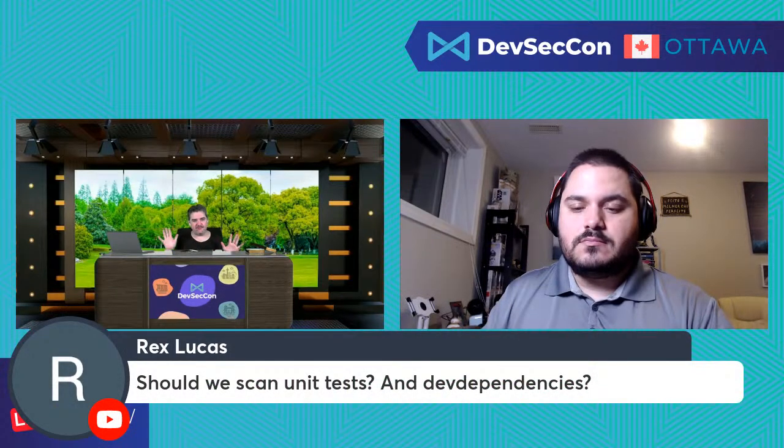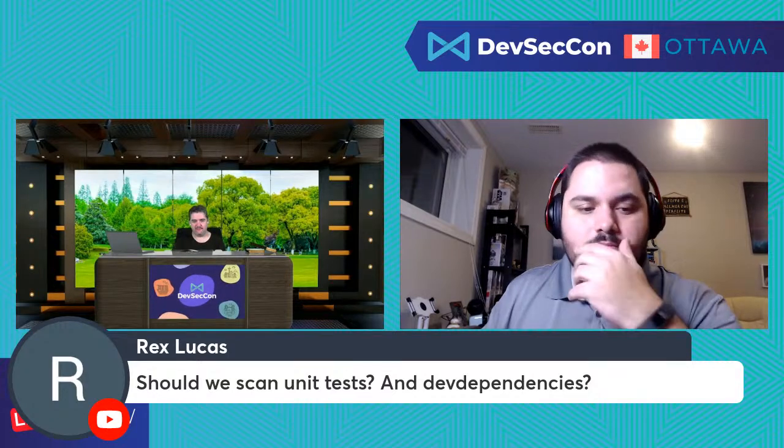Next question we have is this one. This one's a good one. Well, they're all good questions. Should we scan unit tests and dev dependencies? I don't think so. Unit tests usually don't go to production, right? It's not affecting my application there.